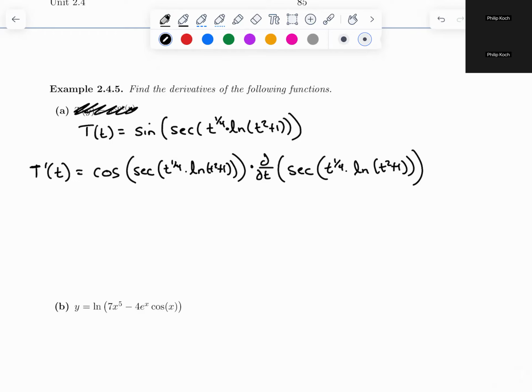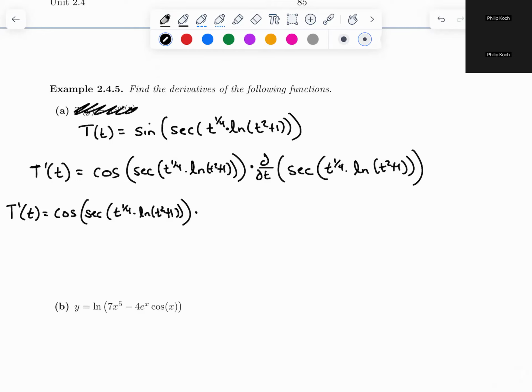So start your function at the very left. T prime of t is equal to cosine of secant of t to the 1/4 times natural log of t squared plus 1, times the derivative of secant.